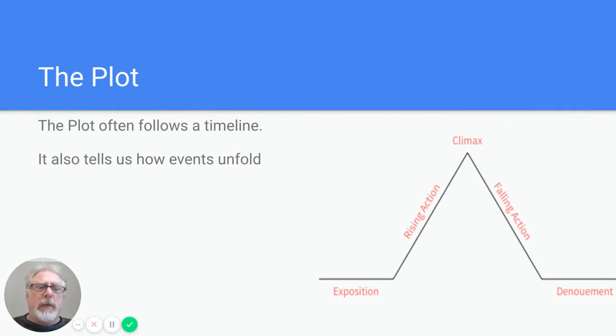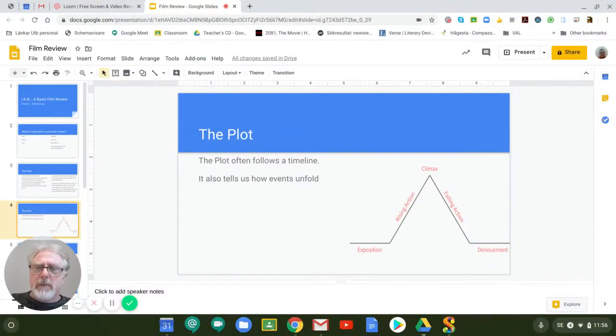What I'm going to do here is the Freytag pyramid, this is called, has this exposition, rising action, climax, falling action, denouement, tying up at the end. But I'm actually going to draw that a little bit differently. I'm going to swap over to another screen, potentially exit out of this.